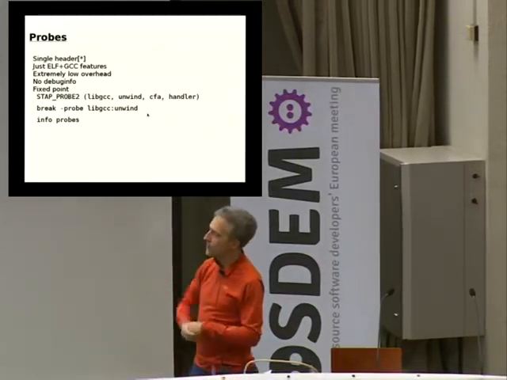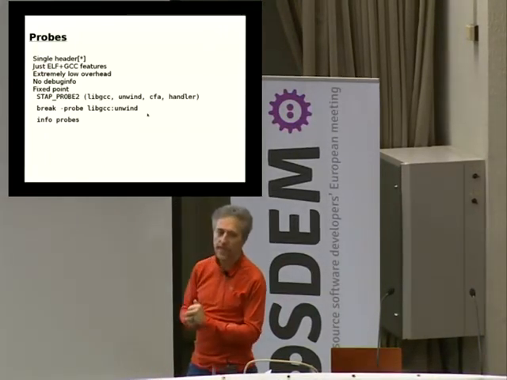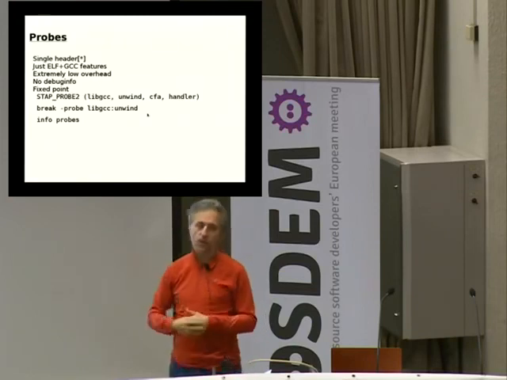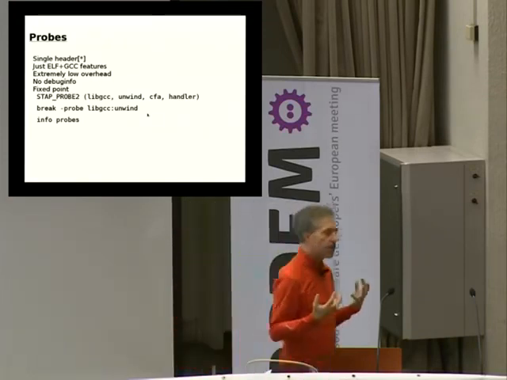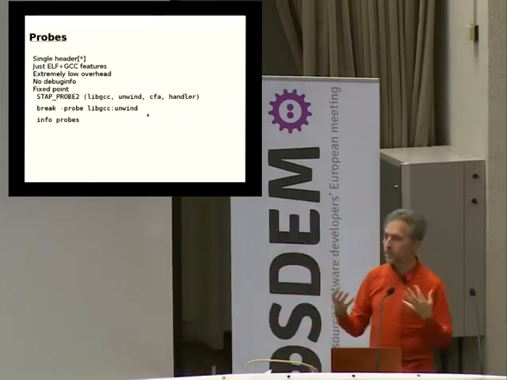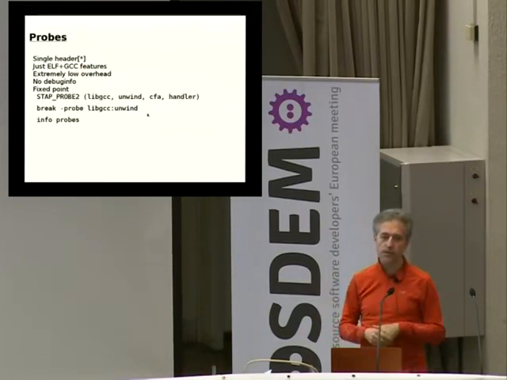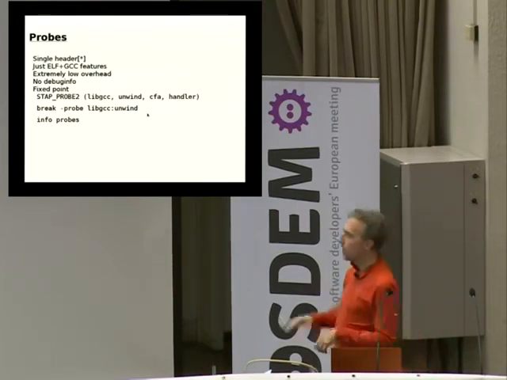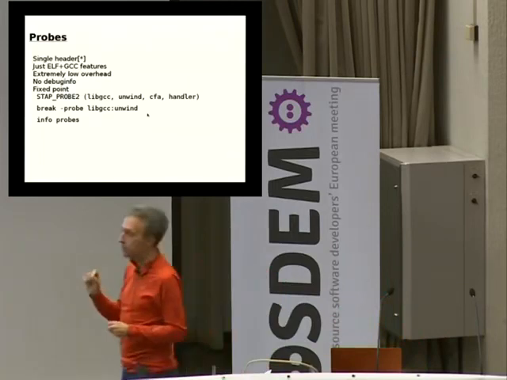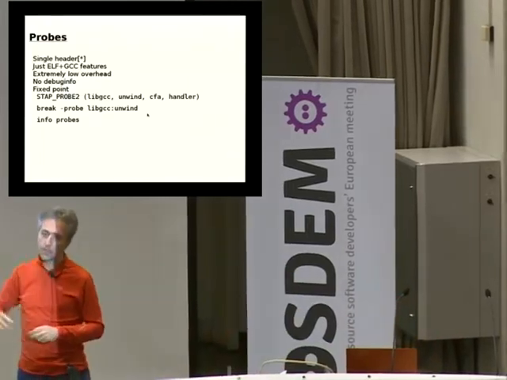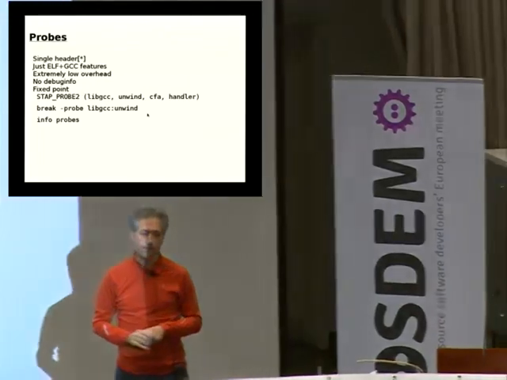And then not requiring debug info, what's cool about that is you can use this with production code. You can extract these arguments from your running program without requiring the debug info. So you can do it in production. And one way that we do this internally in GDB is we added probes to the libgcc unwinder.